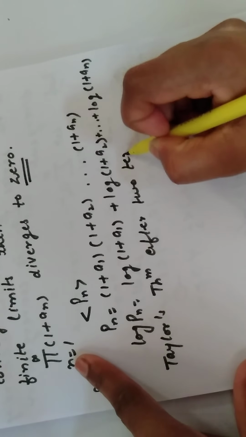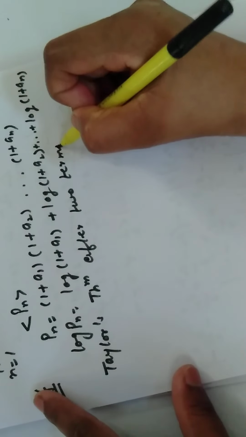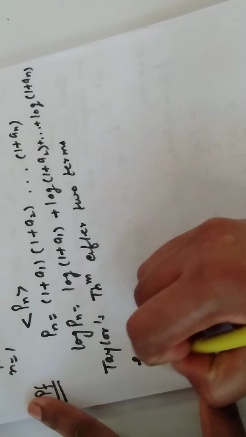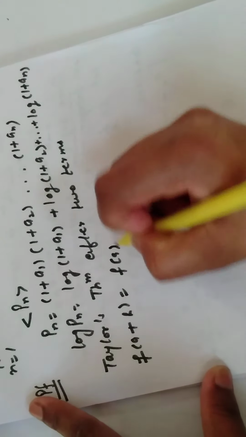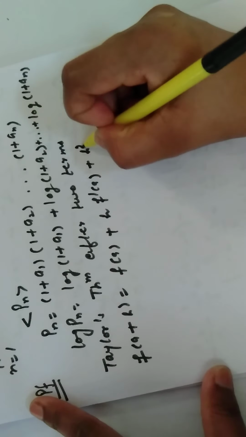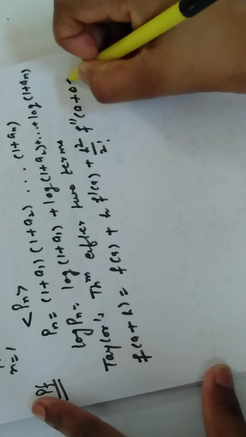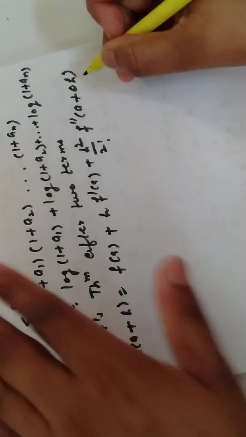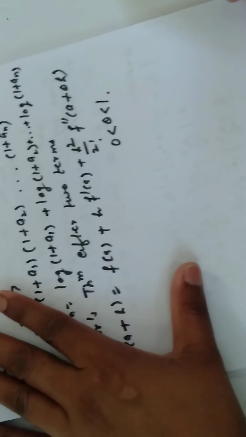Taylor's theorem with Lagrange form of remainder after two terms states that if f is a continuous and differentiable function in the interval [a, a plus h], then you can expand f of (a plus h) as f of a plus h into f prime of a plus h squared by 2 factorial f double prime of (a plus theta h). This last term as a whole is the remainder after two terms. Here theta is a real number lying between 0 and 1.